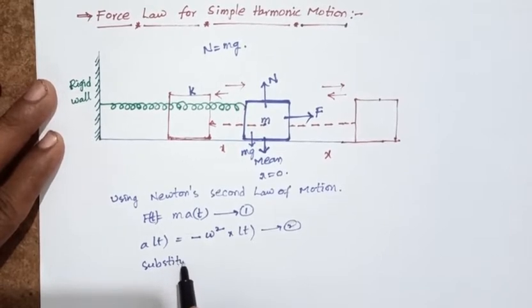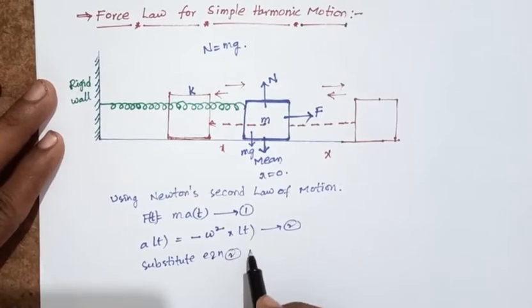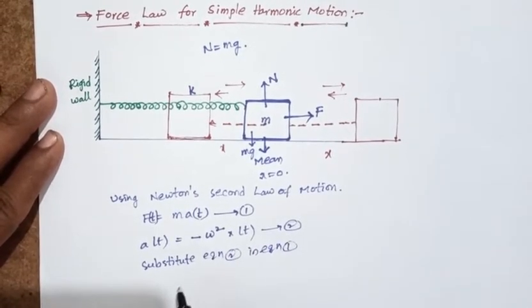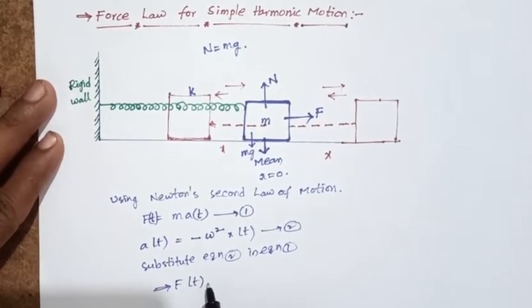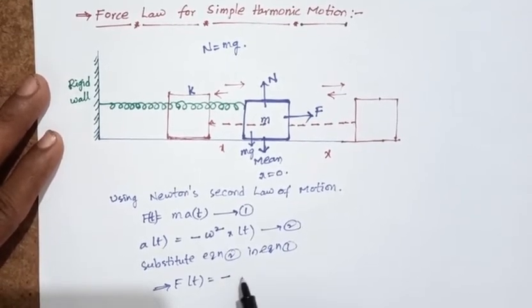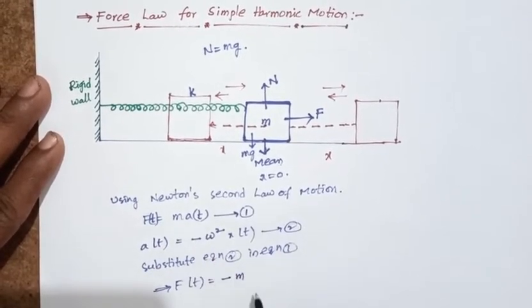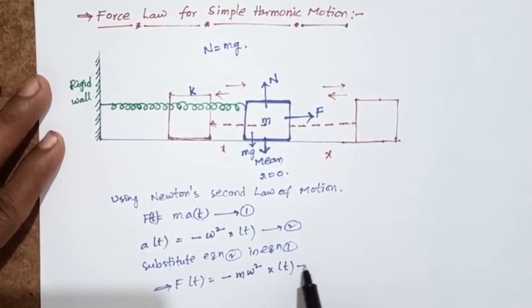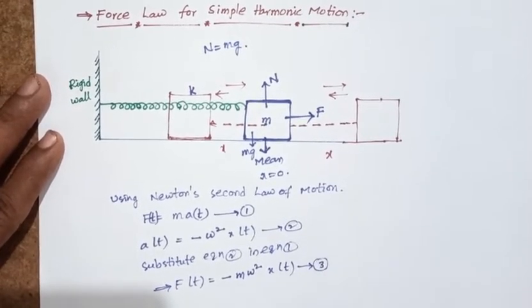Substituting equation number 2 in equation number 1, we get F of t equals minus m omega square x of t. This is equation number 3.